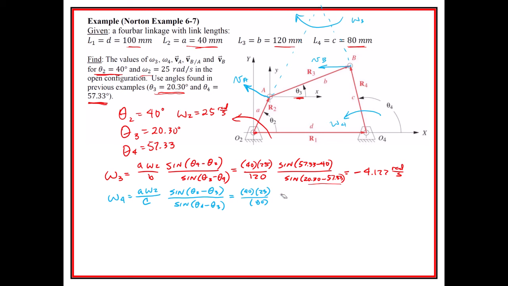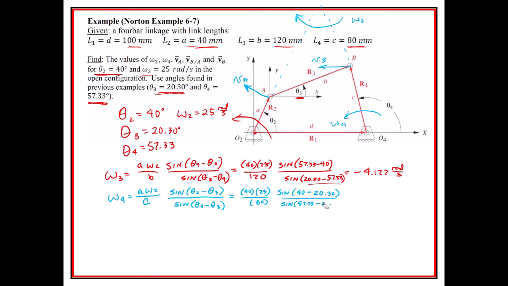Not equals. So in this one we have the sine of the difference between those two angles, and then the sine of 57.33 minus our 20.3.